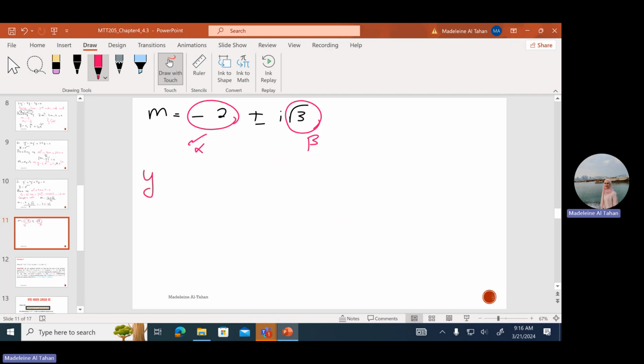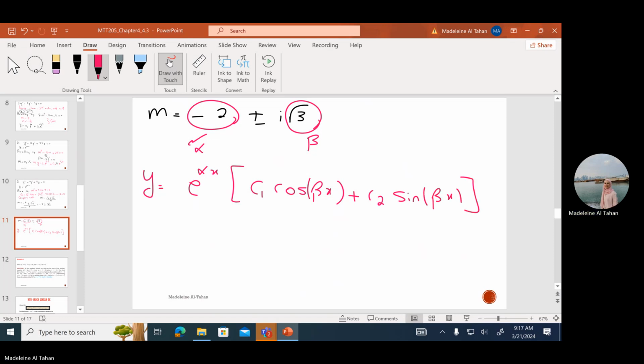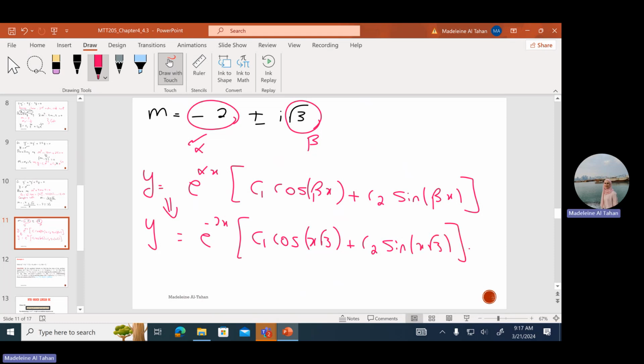So what's y? y equals e^(alpha x) times (c1 cosine beta x plus c2 sine beta x). What's alpha? Minus 2. And what's beta? Radical 3. And this will be our final answer.